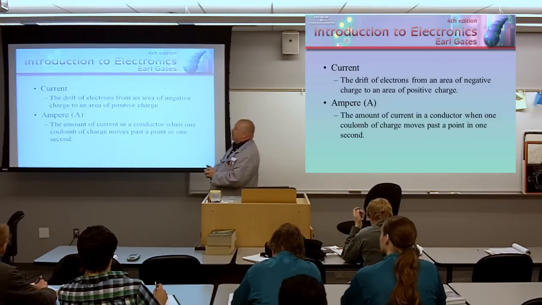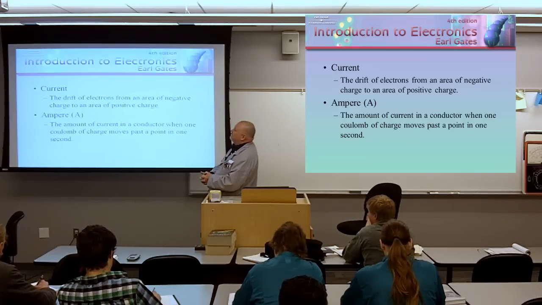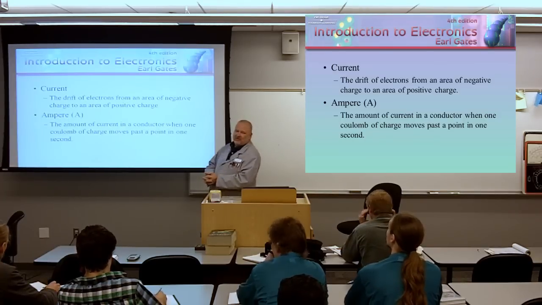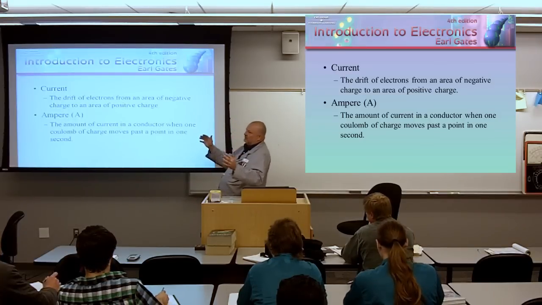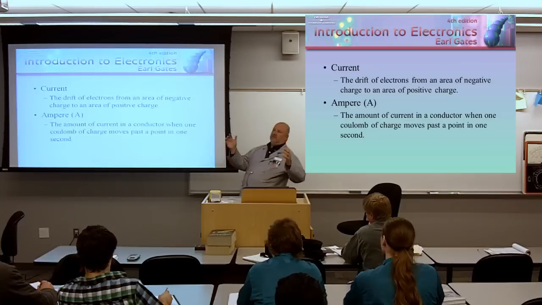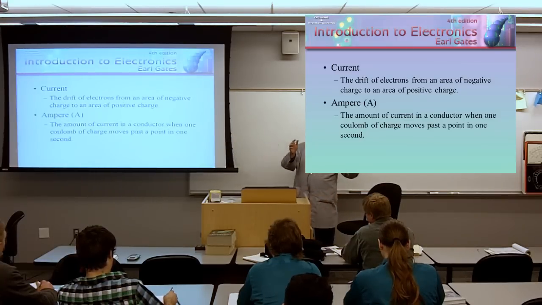Now the textbook talks about current as being the drift of electrons from an area of negative charge to an area of positive charge. I don't like this definition, the drift of electrons. Makes it look like I'm an electron and I'm drifting, I'm floating, okay?